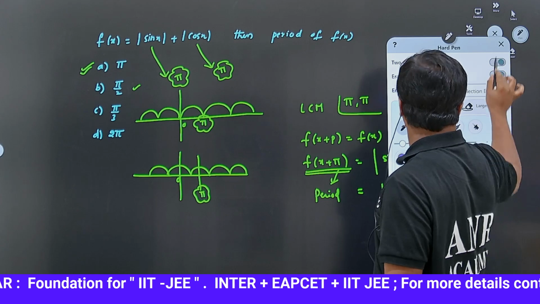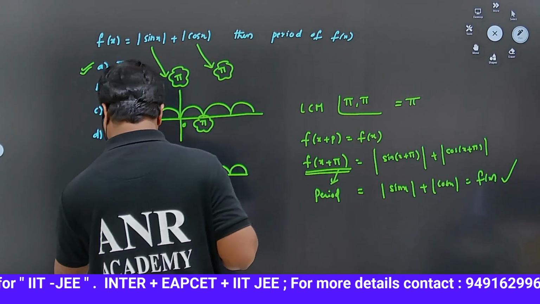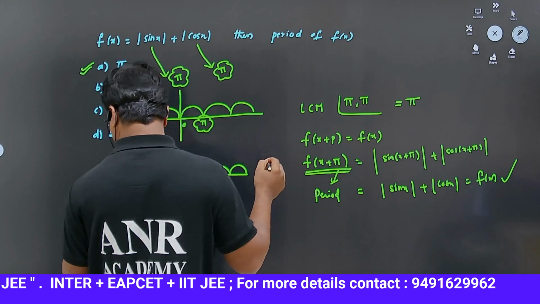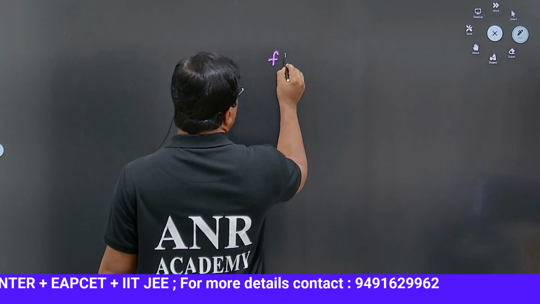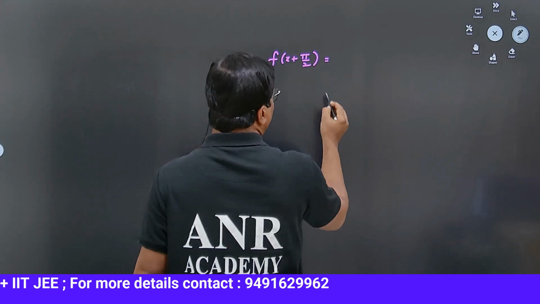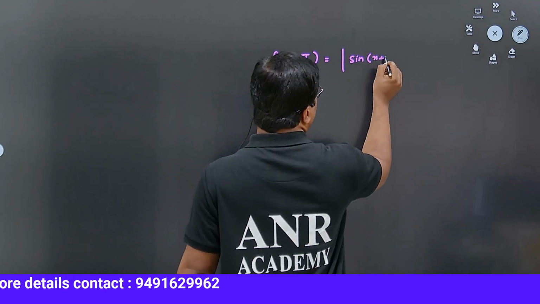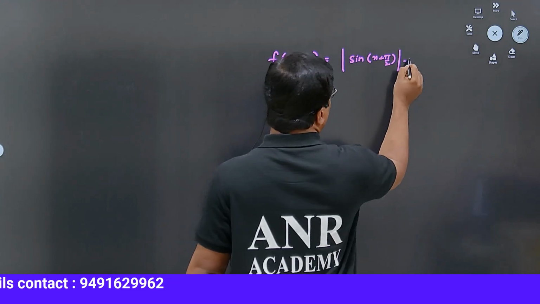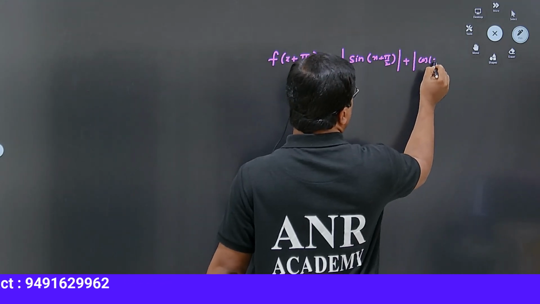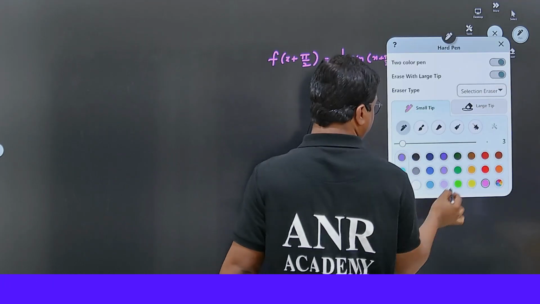f of x plus pi by 2 I am going to calculate. Suppose f of x plus pi by 2, then you have to write modulus of sine of x plus pi by 2 plus modulus of cos of x plus pi by 2.